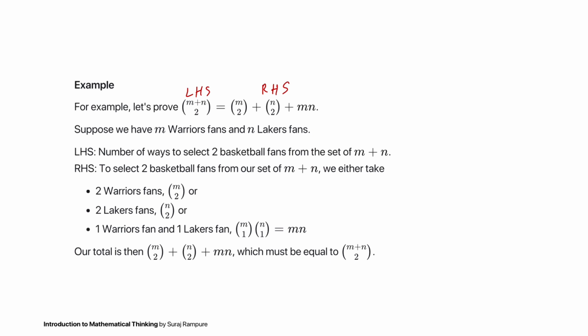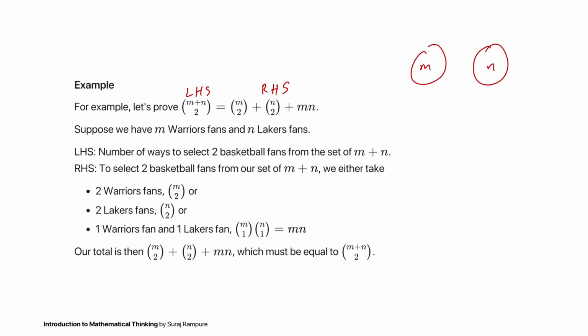In total, we have m plus n total fans, and we want to choose 2 of them, giving us m plus n choose 2. Any questions with the left-hand side? Okay, and now the right-hand side, we need to show that it counts the same thing. If we want to choose 2 basketball fans, and we have some group of m Warriors fans and n Lakers fans, there are 3 cases.